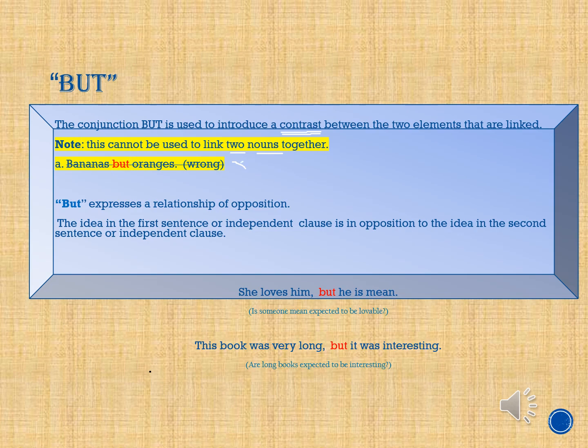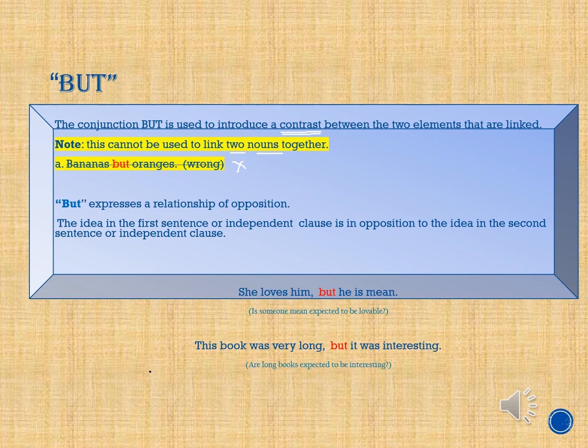Remember at the beginning of this presentation when I showed you how to create different kinds of structures of simple sentences. I used or, I used and, which is more frequently used, but also we can create simple sentences with nor, but we don't create sentences with but linking two nouns together.